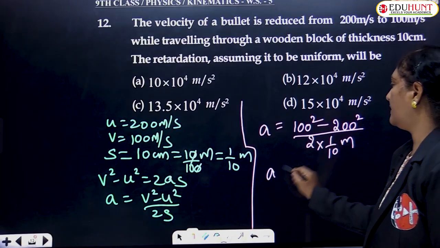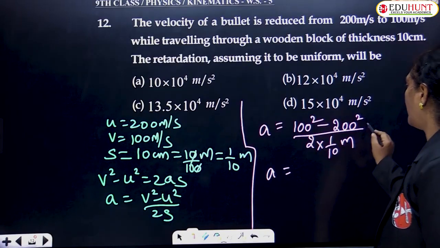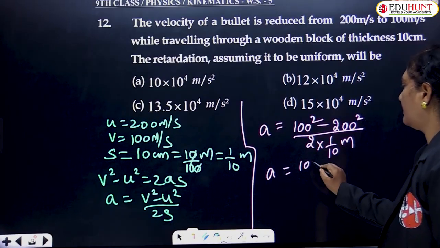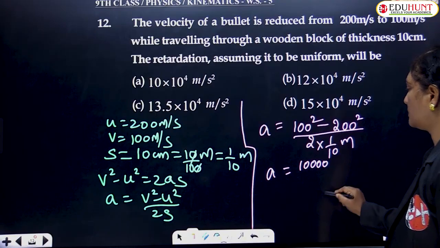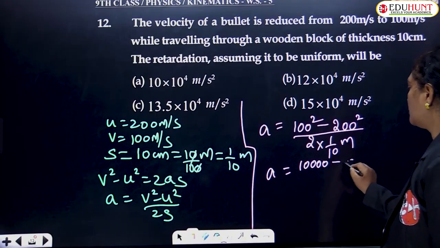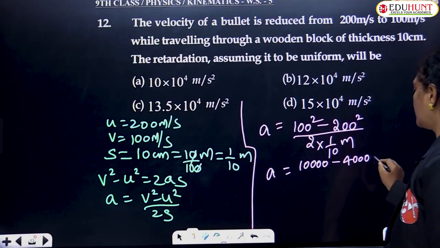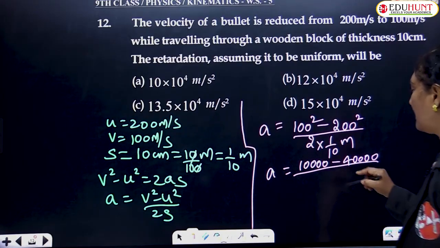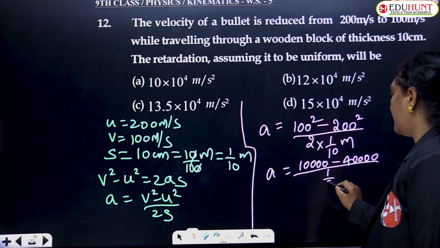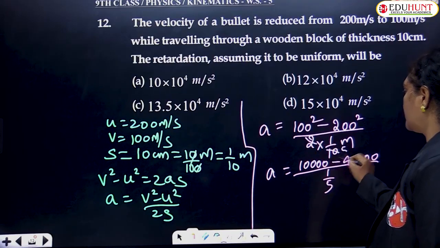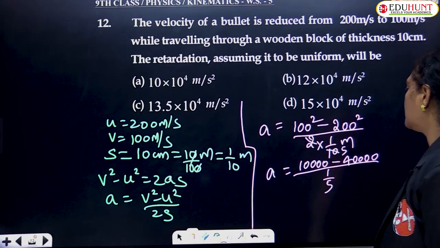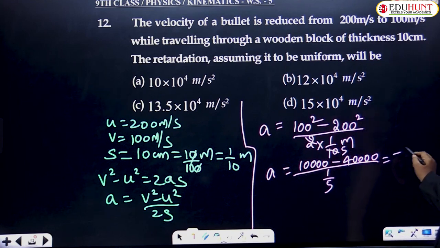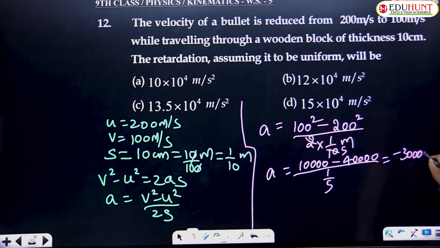Simplify this, children, and you will get the value of A. 100 square is 10,000. 200 square is 40,000 upon 2 into 1 by 10, which is 1 by 5. So 10,000 minus 40,000 is minus 30,000.